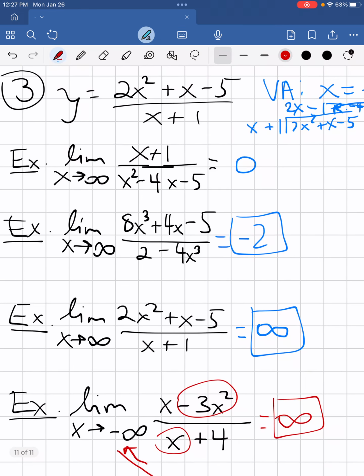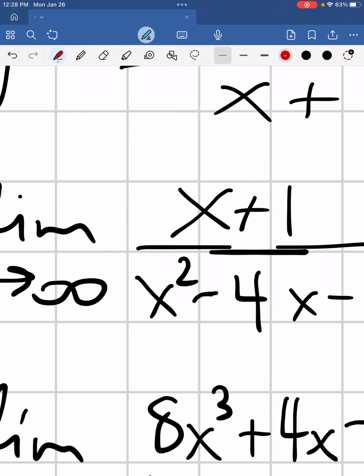The quadratic is going to grow a lot faster. So as x gets larger and larger, the denominator is getting much, much larger than the numerator. So if I have a smaller number divided by a really, really huge, gigantic number, then the value of that gets smaller and smaller, which is why we arrive at 0.